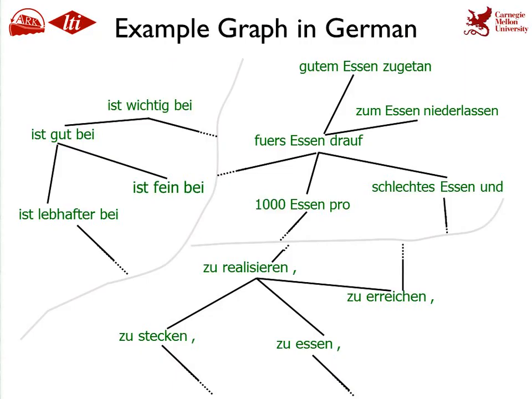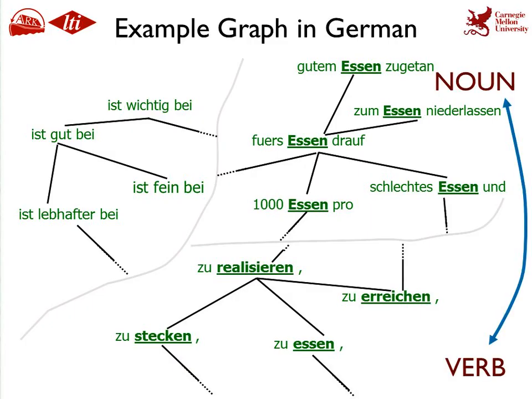This is an excerpt from the German graph, and if you can read German, you'll realize that the top and bottom right sections of the graph are syntactically disambiguated automatically via the graph construction process. The edges in the graph come from distributional similarity, and automatically you get some sort of syntactic disambiguation.